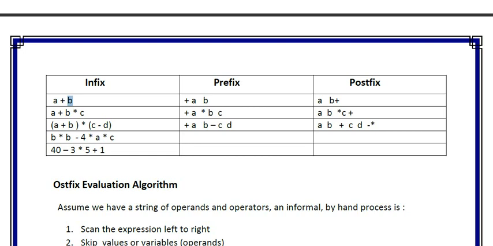After putting the plus into another stack, it will go like this, and then put A and then B. That will create the prefix. But if you want to create the postfix, first of all you need to put A then B then the plus. That will be the postfix notation.